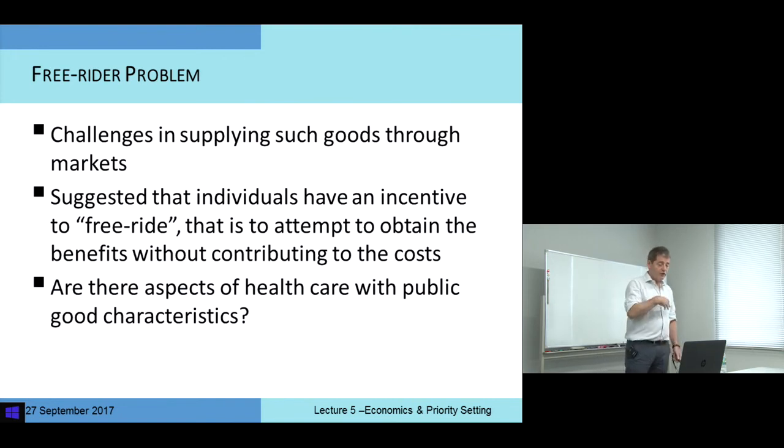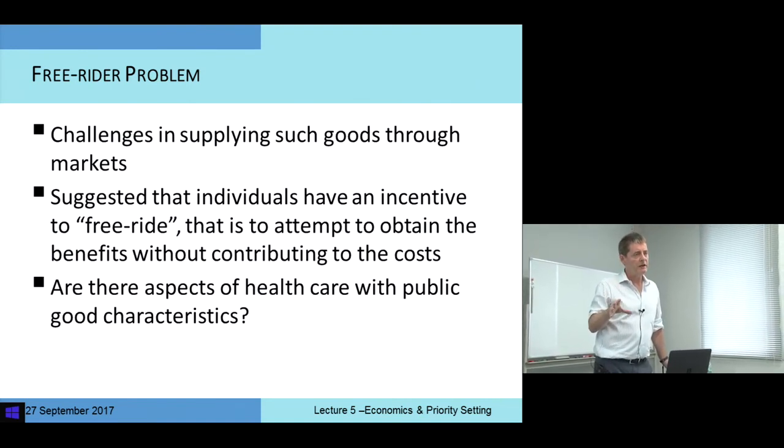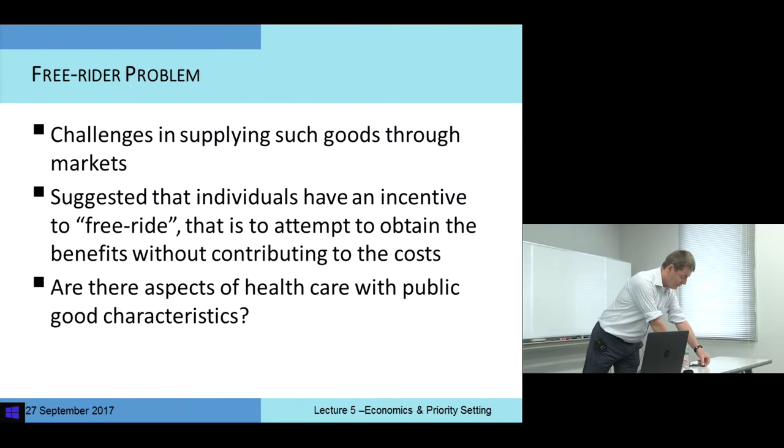So we describe this as free riding: it's where people try and obtain the benefit without paying the cost or contributing to the costs. And so that makes it very difficult, not impossible, but quite difficult for private markets to provide public goods. I've got some interesting counterexamples.